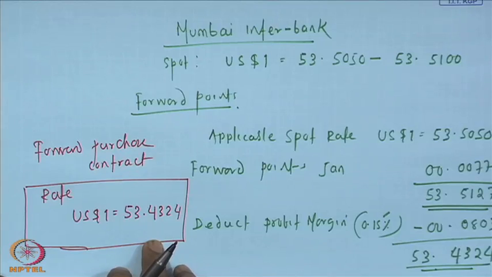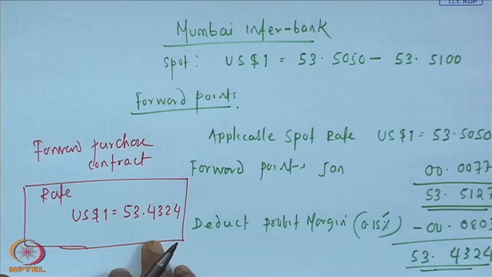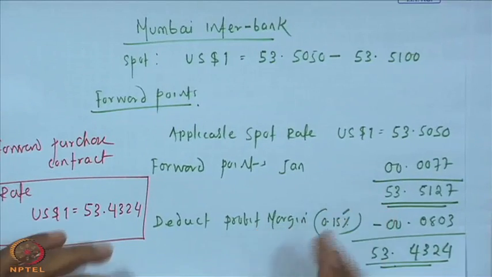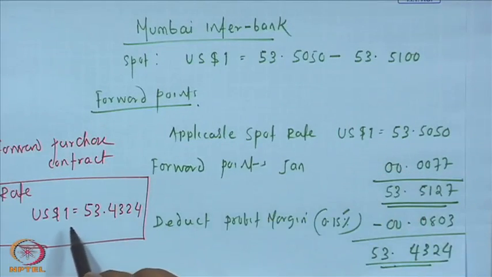If the exporter brings the foreign currency during the month of January, then he will be getting 53.4324 per dollar.